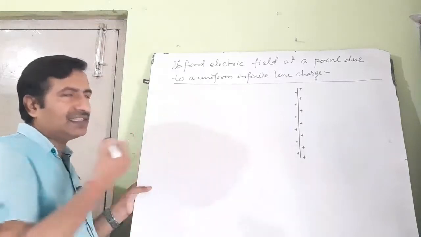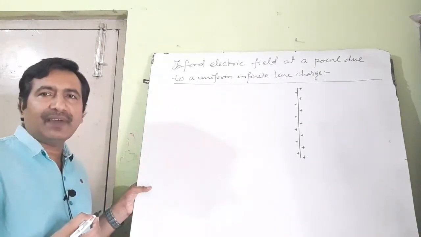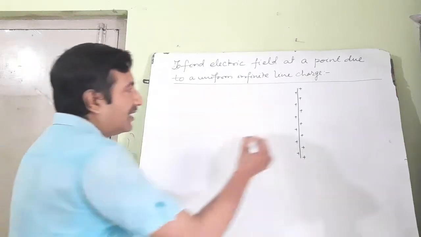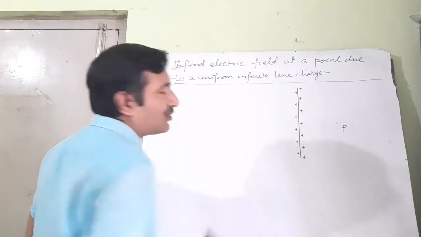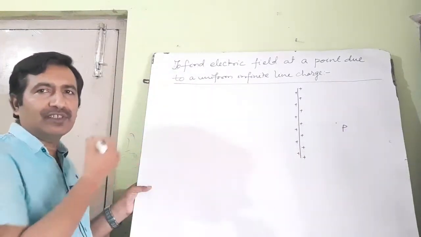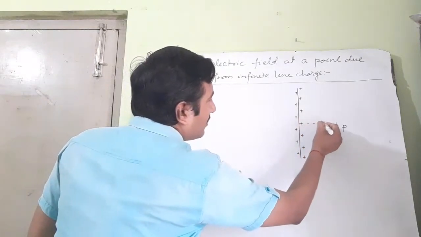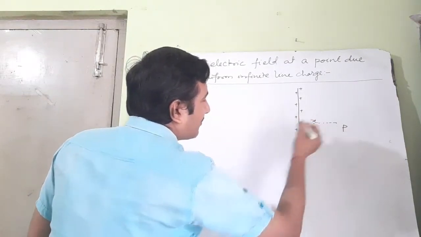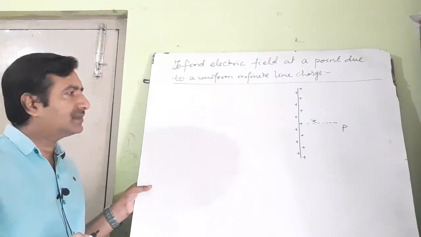So this is a line charge, also called a line charge. Its length is infinity. Suppose here is a point P where the electric field is to be obtained due to this line charge, and the distance of this point P from this charge distribution is x.